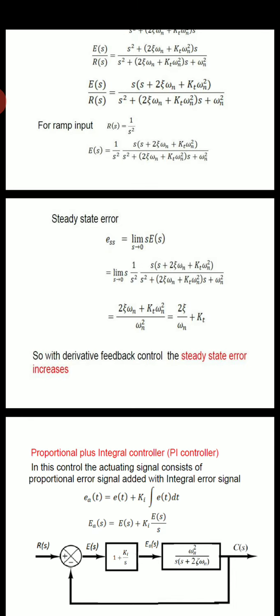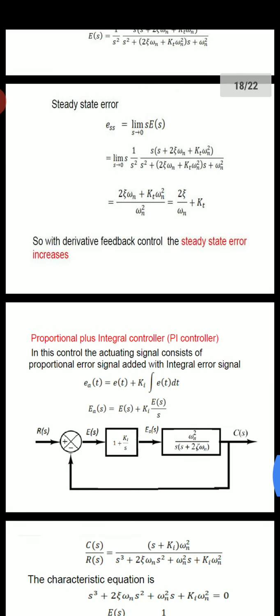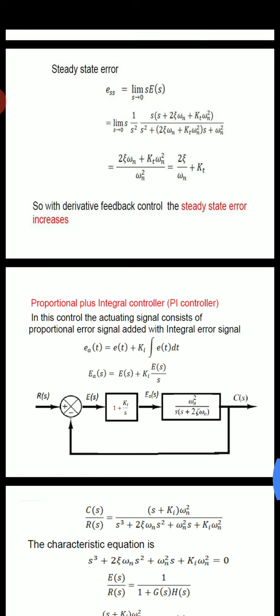Next, we shall go for the proportional plus integral controller, that is the PI controller. In this control, the actuating signal consists of the proportional error signal added with the integral error signal. We have two signals added, proportional and integral, and you can see that two blocks are in series.